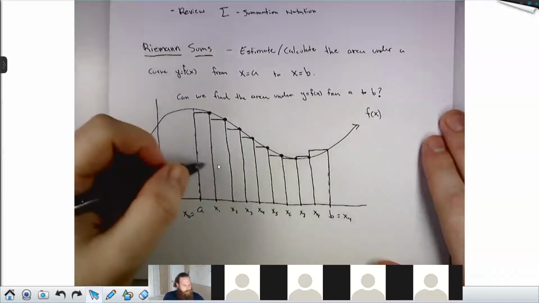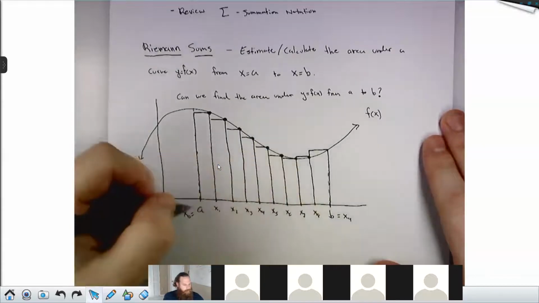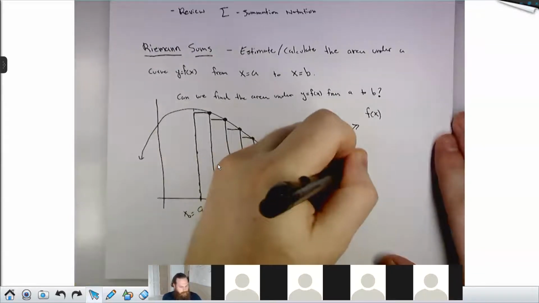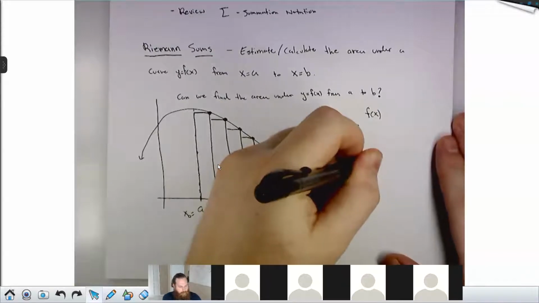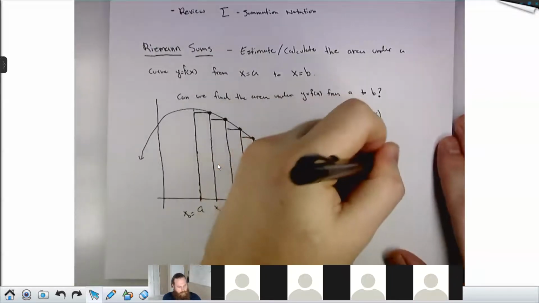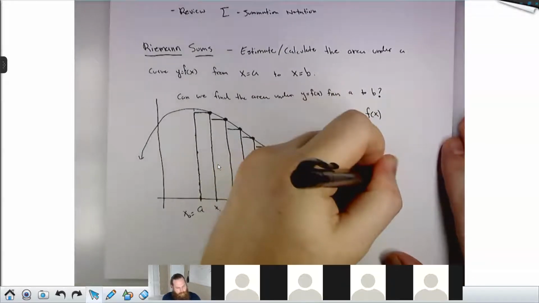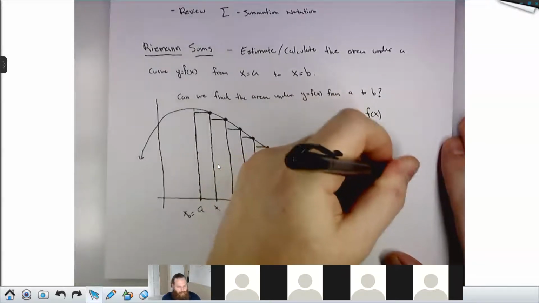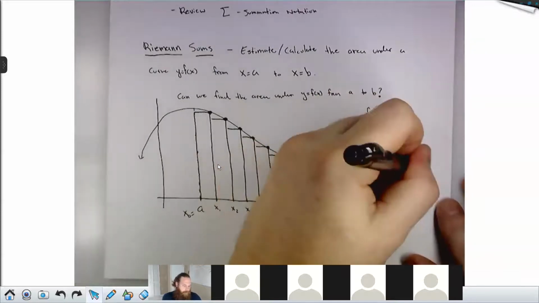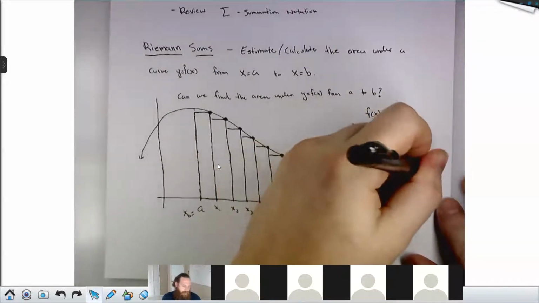If the width of each of these, I'm going to introduce some notation. We call this delta x.